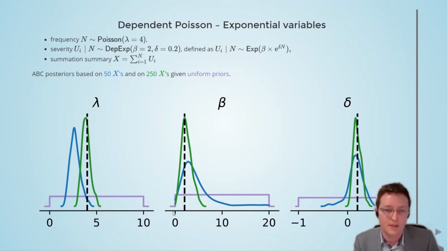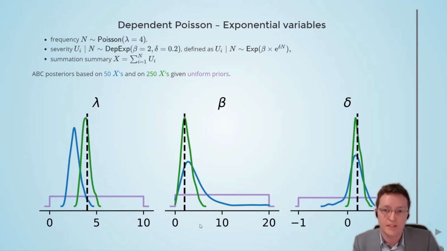Then the blue curve shows the approximate posterior having seen only 50 observations, a sample size of 50, and the green one a larger sample size of 250. The green one matches very well with the true values, which are the dotted vertical lines that we used to generate the data.